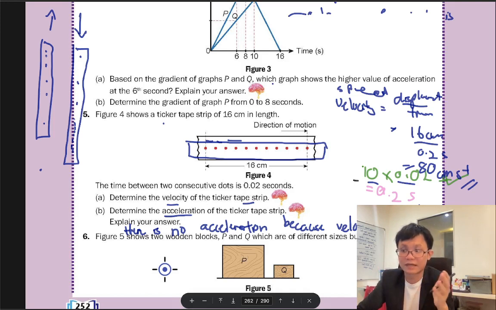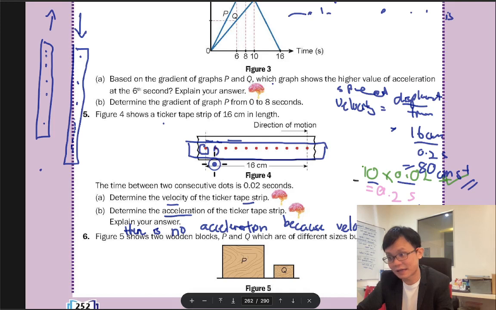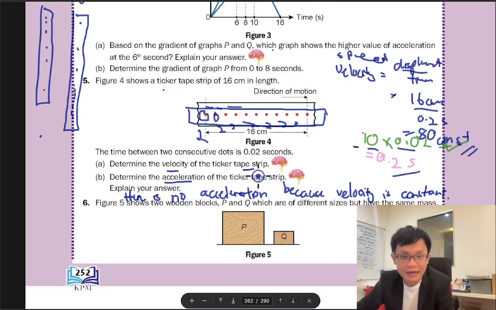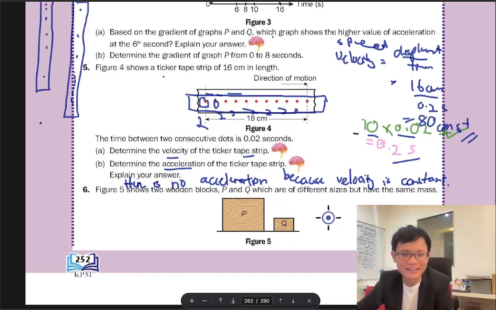Let's say you get 2: distance divided by time, you get 2, every time. So there's no increase in speed, and no decrease in speed. There is no acceleration. I hope you can understand what I am talking about, not just talking to myself.